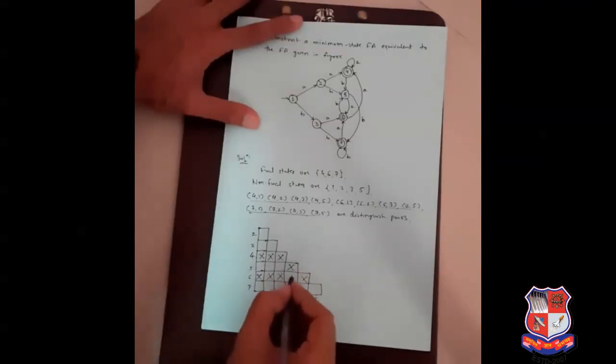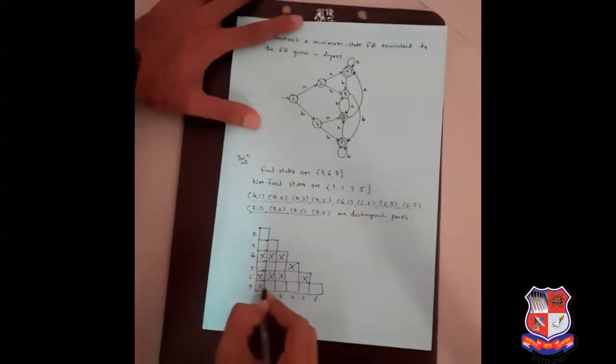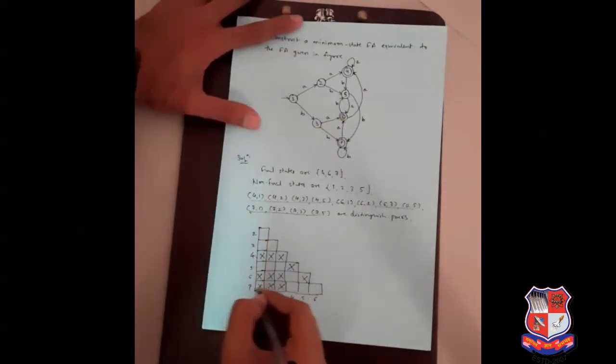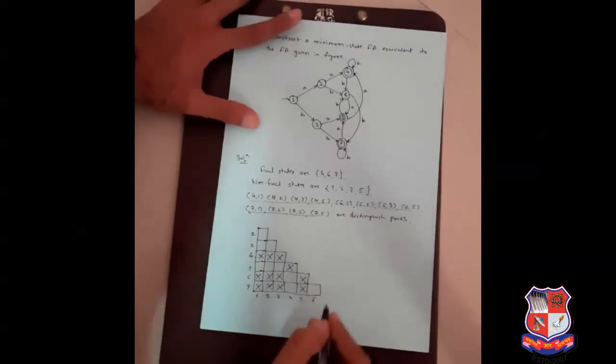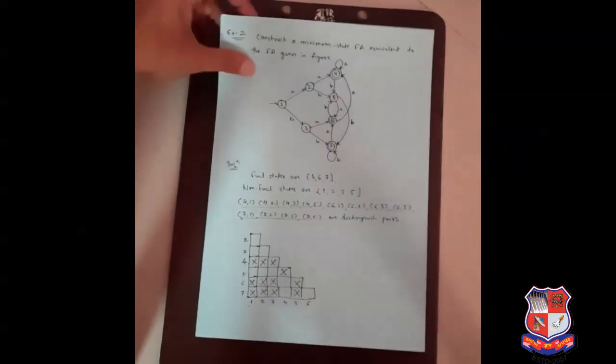Note that 6 4 will not be marked because both are final states, so here you have to take care. 7 1, 7 2, 7 3, 7 5 are marked; 7 4 will not be marked because it is not a distinguished pair, as 7 and 4 are both final states. So in the first step these pairs are already marked. Now we have to check the remaining pairs.